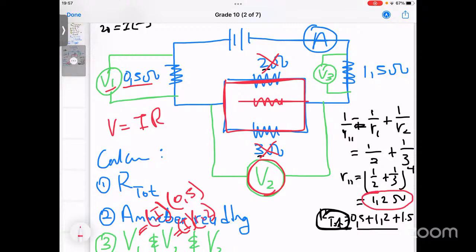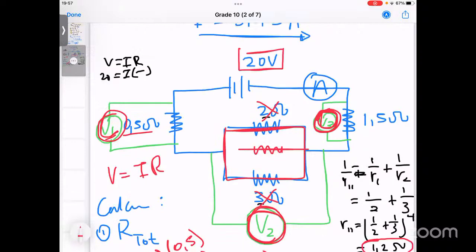And then when it comes to V3, you know what the I is, you calculated it most. And then you can see that V3 is connected on the 1.5 ohm. So that means when you take the value that you get for V1, you plus it with V2, you plus it with V3, it must take you back to that amount there.